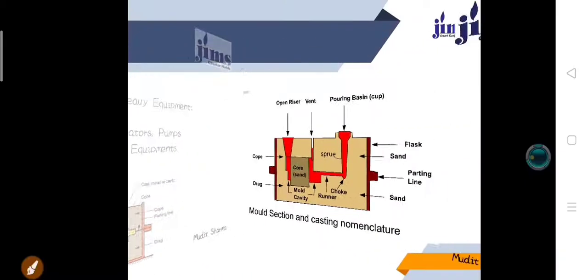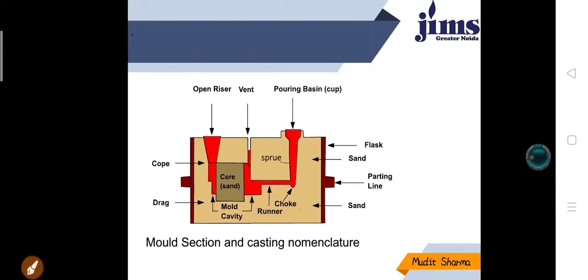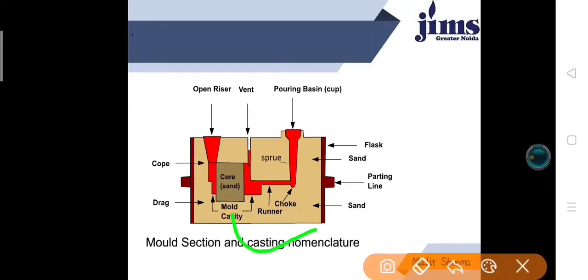Now, this is the schematic diagram of the casting. There is a molding flask, whose upper part is called the cope and lower part is called the drag. The mold cavity is where the molten metal is poured.